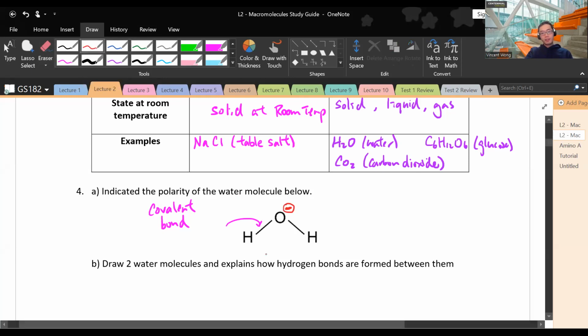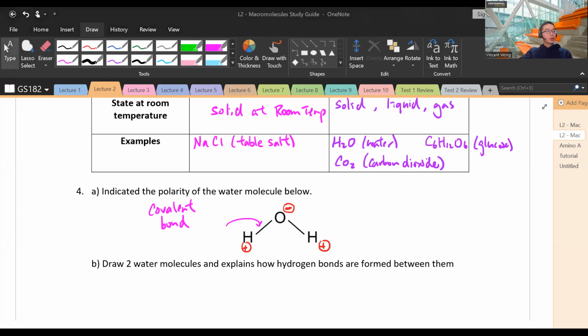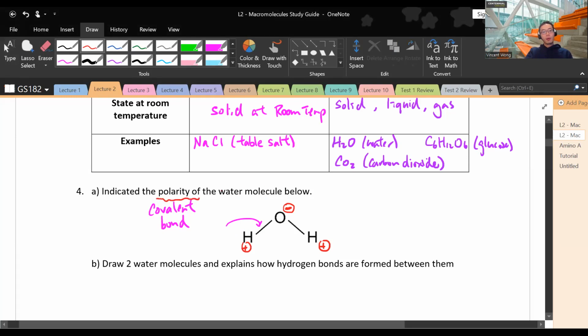And then for the hydrogen, because the electron is being pulled away, they will become slightly positive. So that's what it means by the polarity of water.